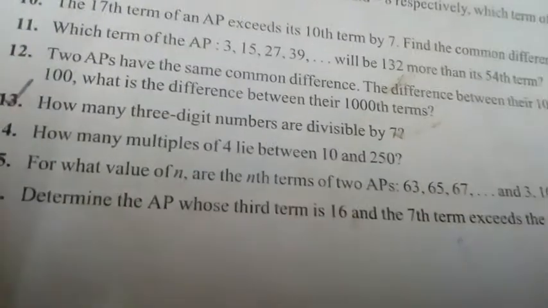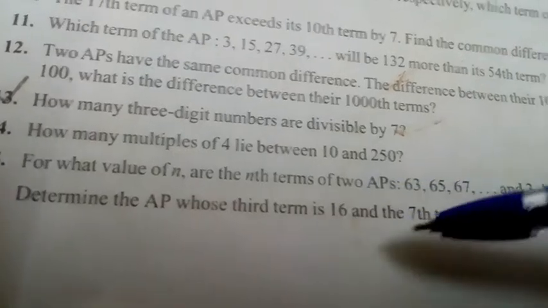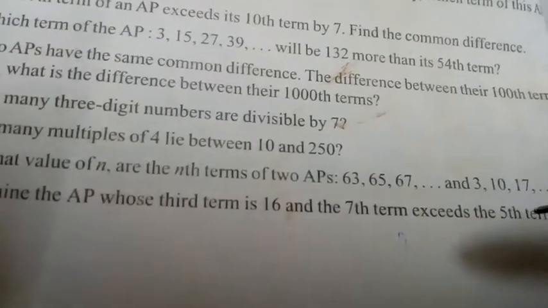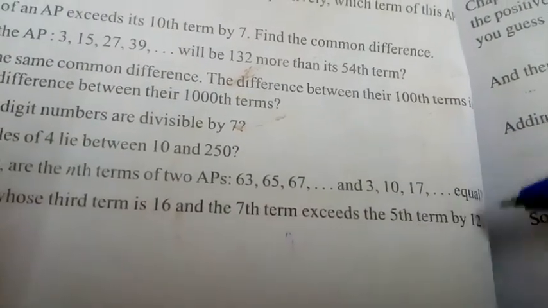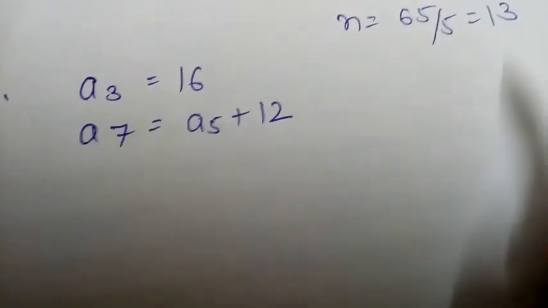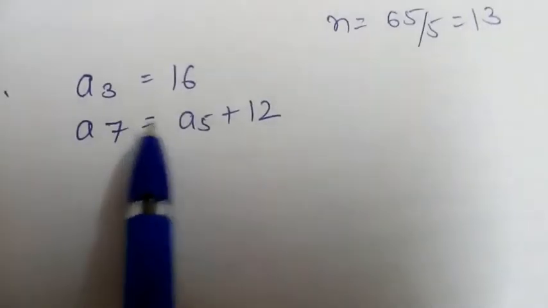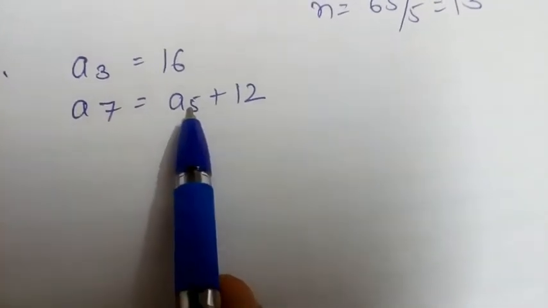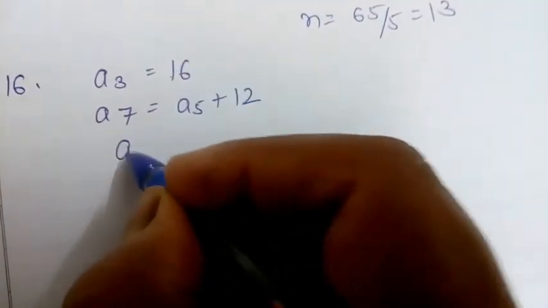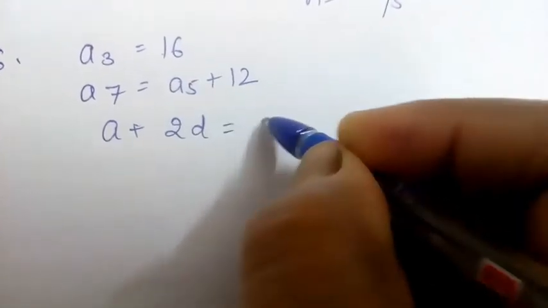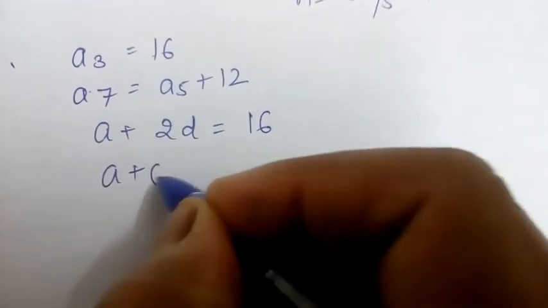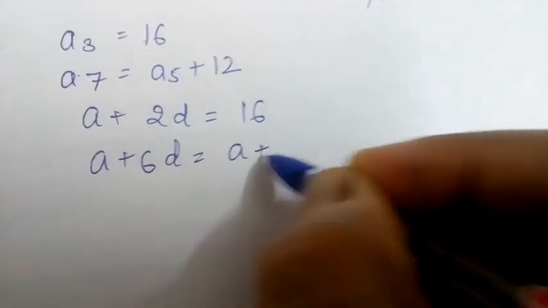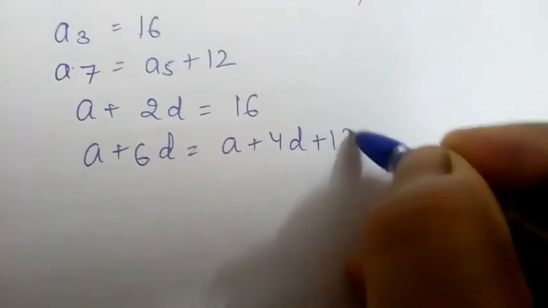Next question. Determine the AP whose third term is 16 and the 7th term exceeds the 5th term by 12. The third term is 16 and the 7th term is 12 more than the 5th term. A3 equal to a plus 2d equal to 16, and a plus 6d equal to a plus 4d plus 12.